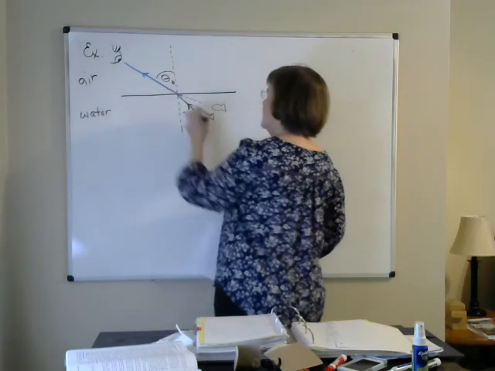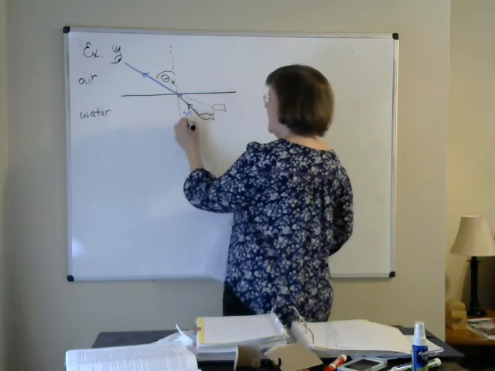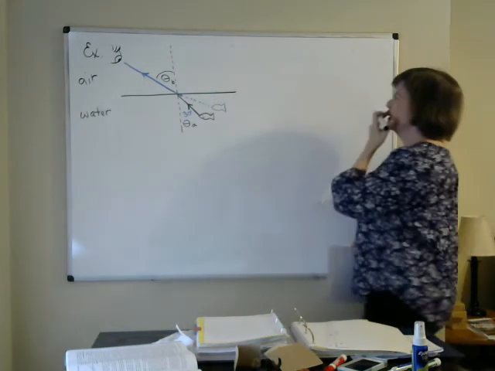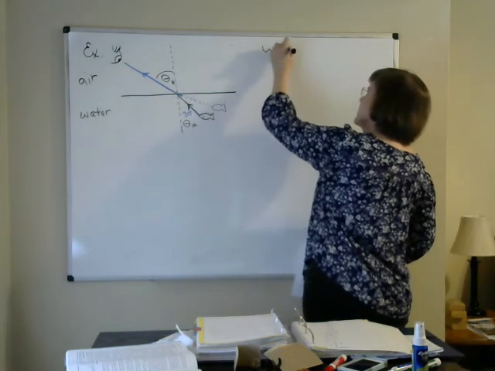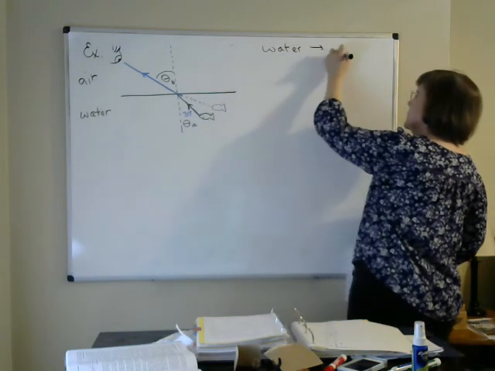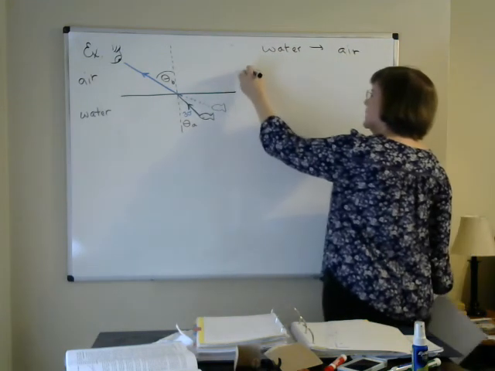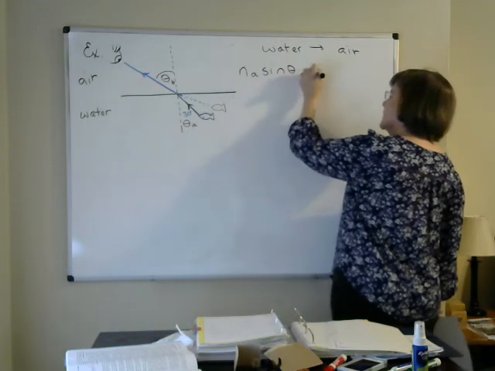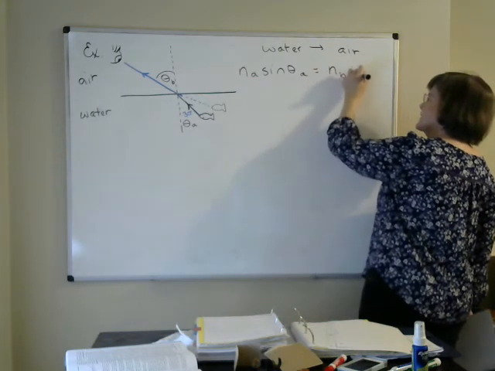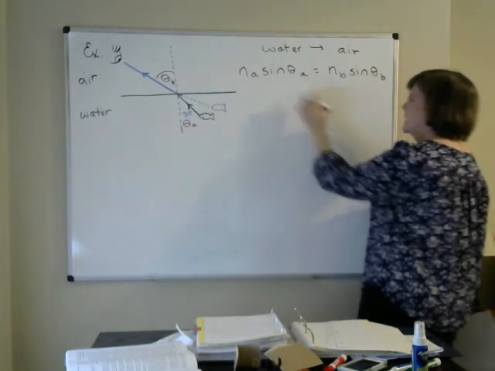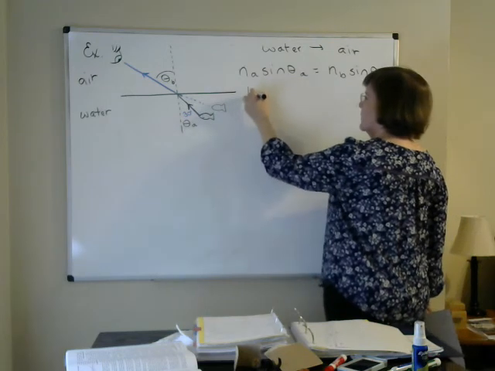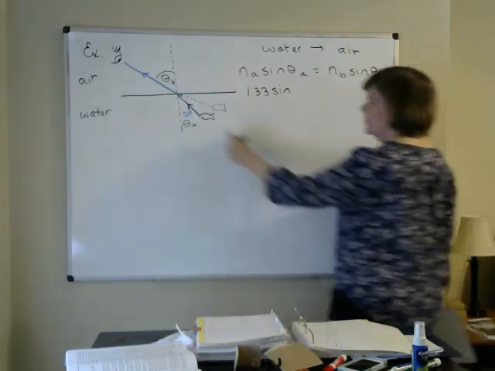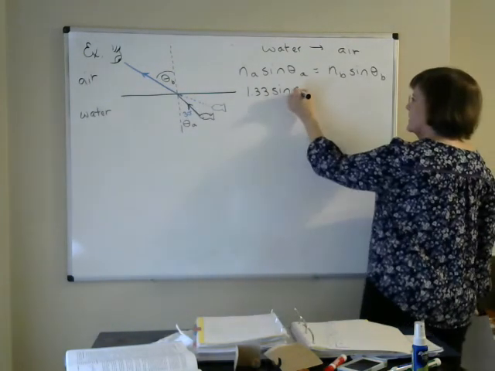Call that theta B. We're going to call this one 30 degrees. That's our theta A, because we're going from water into air. And here's Snell's law: N_A sine theta A has to equal N_B sine theta B. The index of refraction for water is 1.33, times sine of the angle that the light ray makes with the normal in the water, 30 degrees.